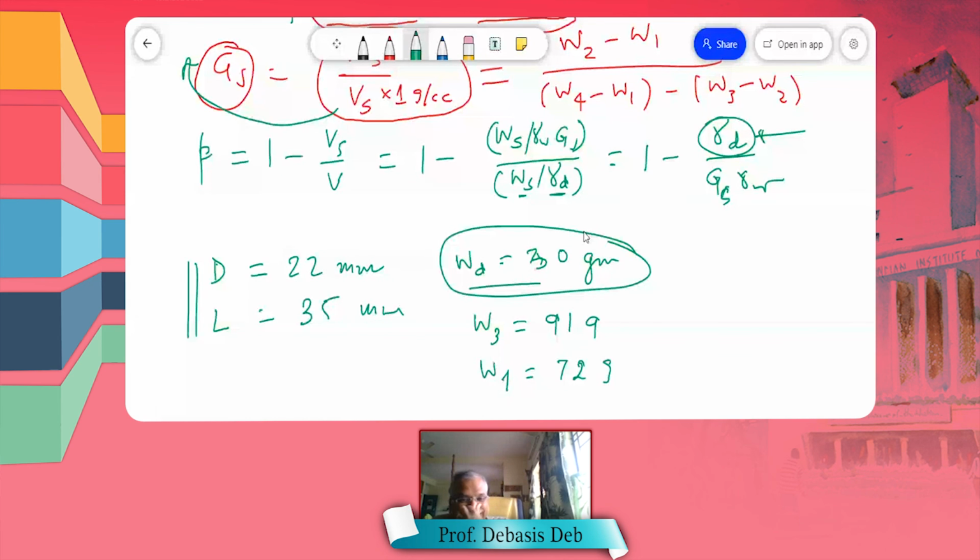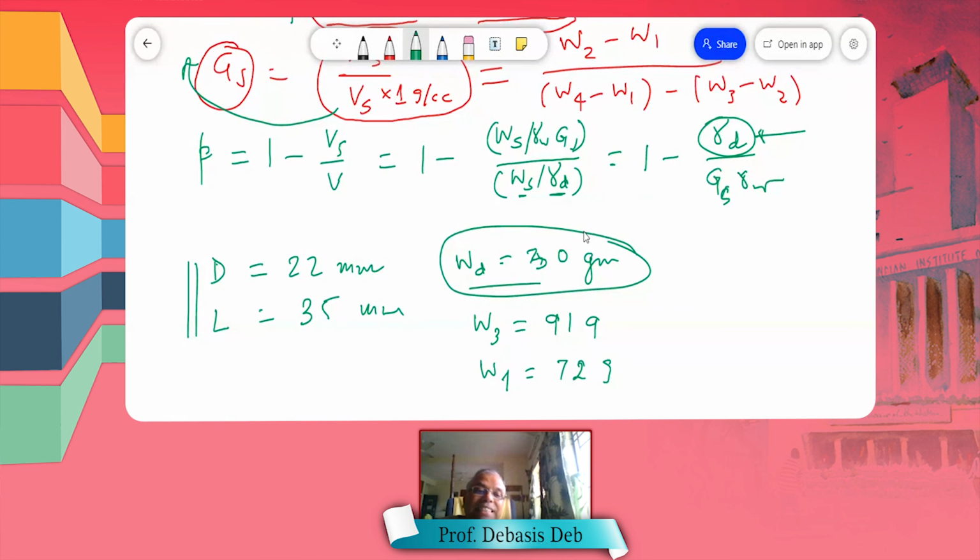So W1 minus W2, you can take that as 130 gram already. So you can directly use this formula to find out the GS, and once you find the GS, you know the porosity.